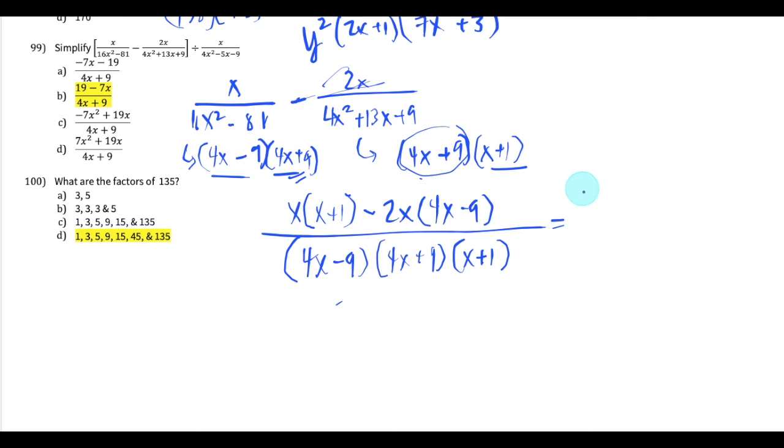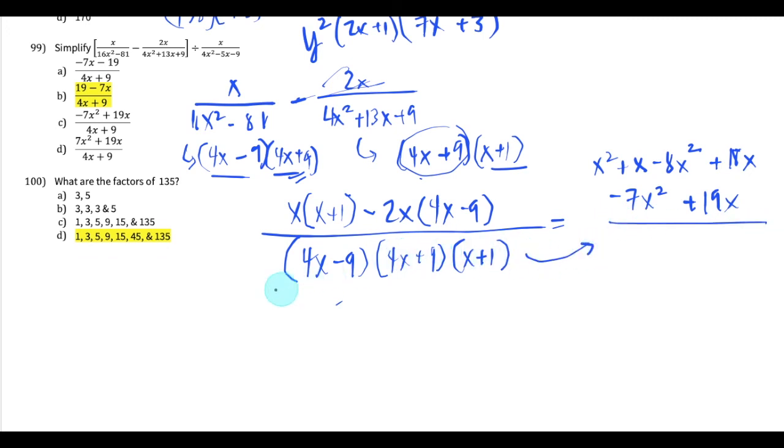Okay, so this is equal to, sige, dito ko muna isusulat. X squared plus x minus 8x squared plus 18x. Okay, if we simplify this, makakuha natin negative 7x squared plus 19x all over this one.